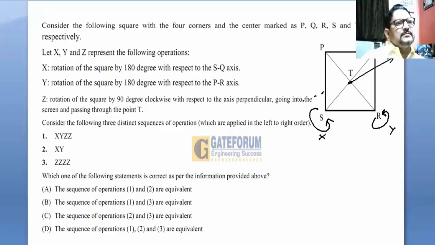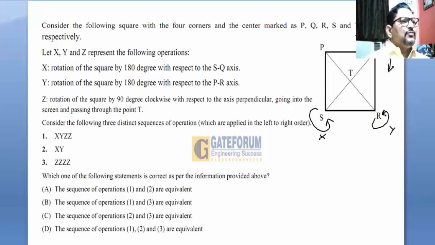I can't draw something coming towards you, but this is it. So Z will move clockwise. Let us cancel this axis, because I presume we have understood what the axis is, and this is going to create unnecessary problems. So this is X, Y, and Z.